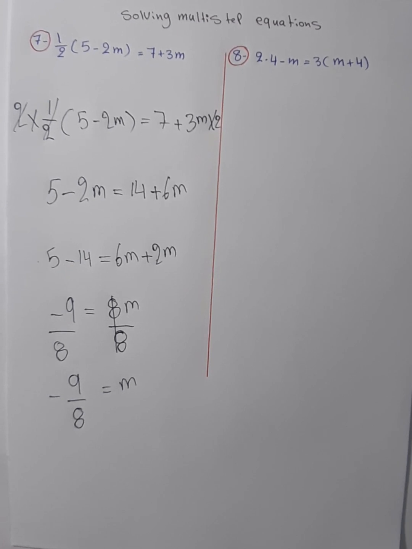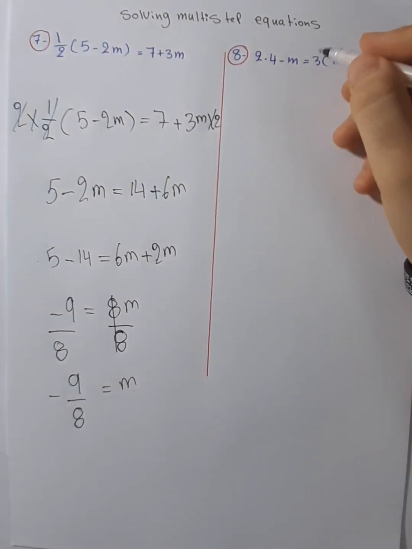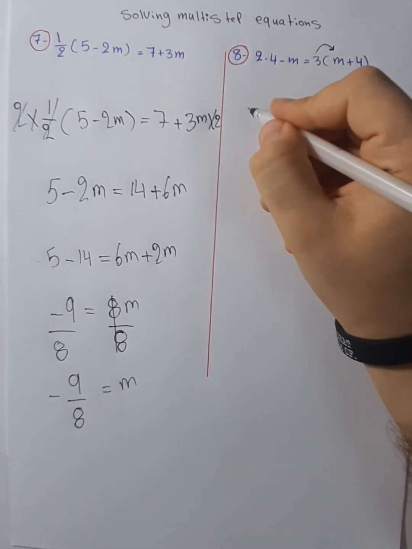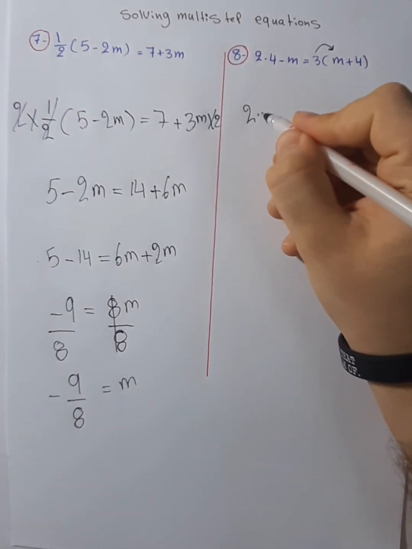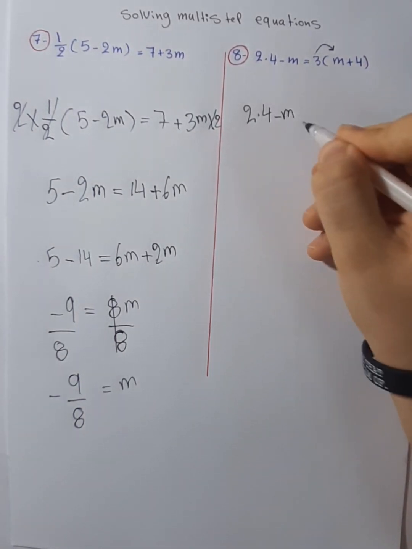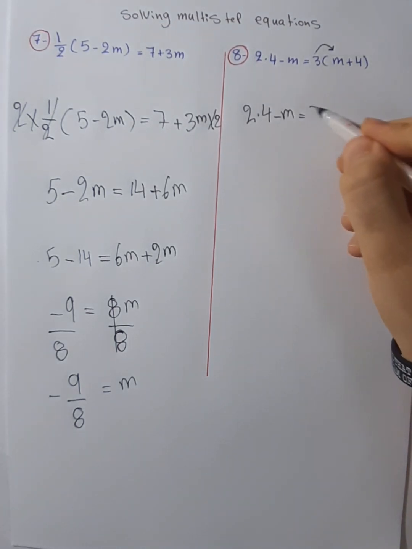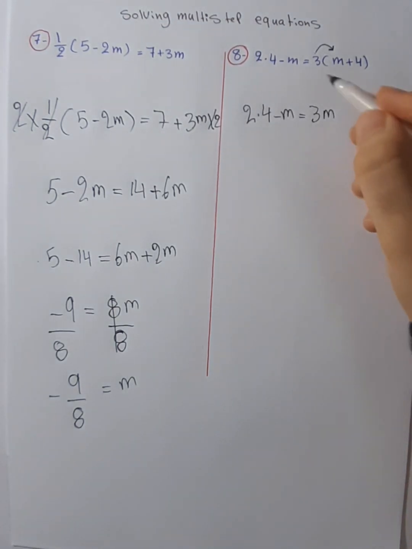Example number 8, you have this equation. First, you can multiply this 3 into the bracket. 2.4 minus m equals 3 times m, which is 3m, and 3 times 4 equals 12. After that, we can combine the like terms.